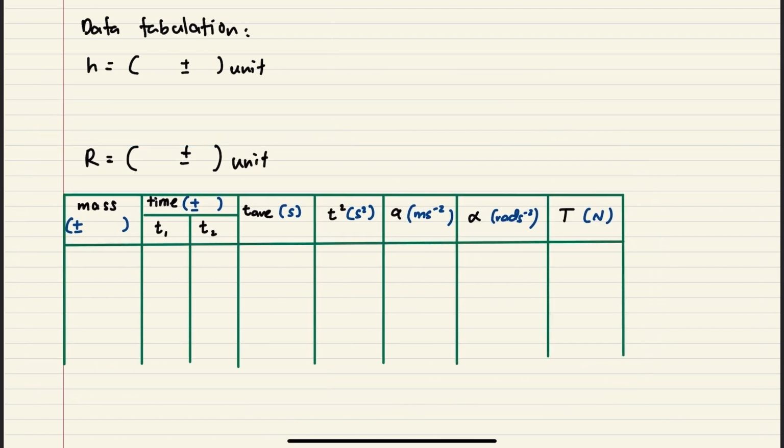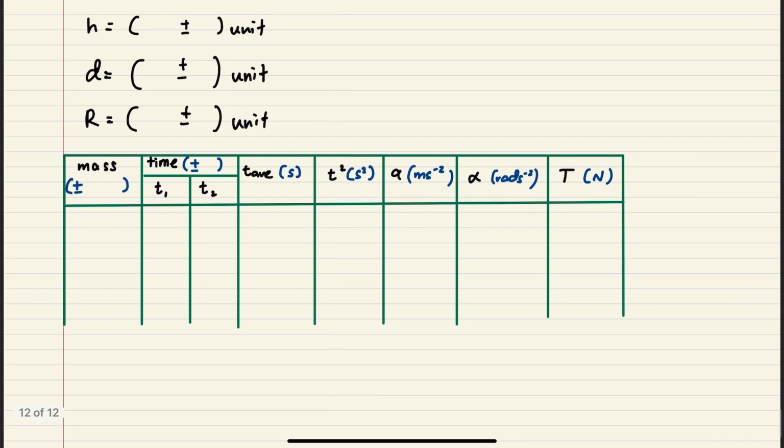You measure the D and then you calculate the R by dividing by 2. That one is not calculated in the lab, you just have to write down the unit.